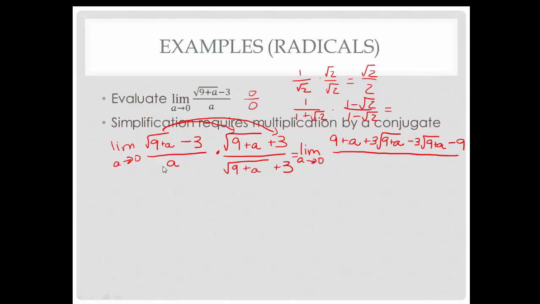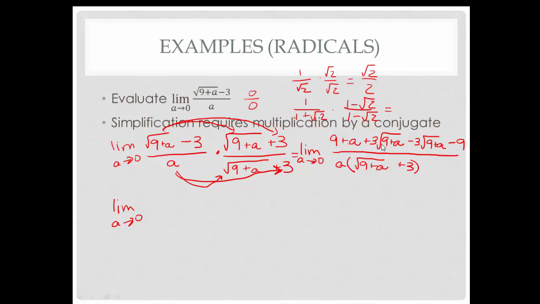In my denominator, technically you could distribute and take a times the radical and a times 3, but believe it or not, you don't want to. Because the goal is to have everything factored in the hopes that we can get some things canceled. And if you distribute, basically you just made it so that you would have to factor it back out in order to cancel.